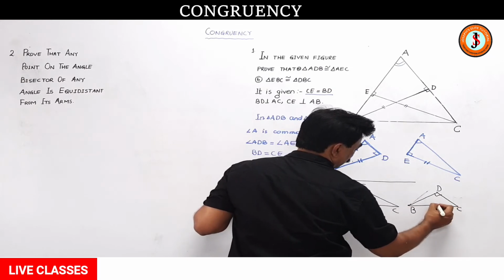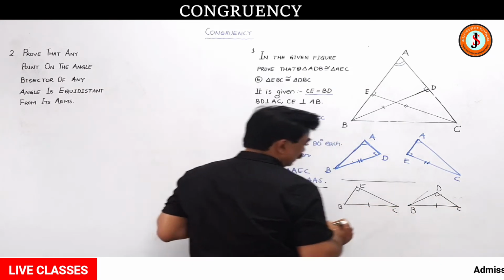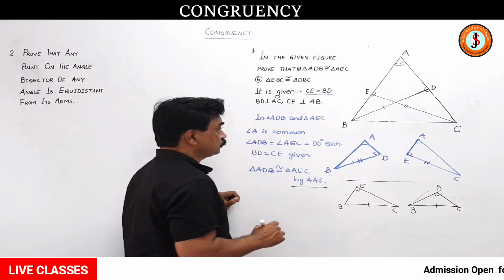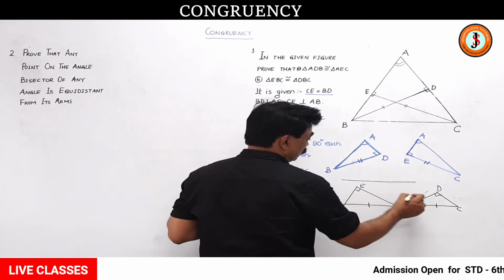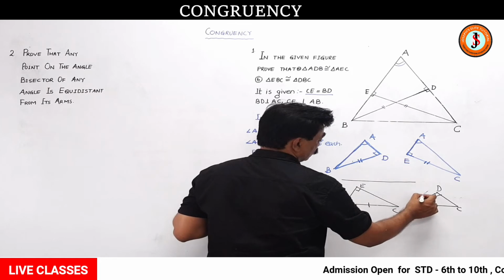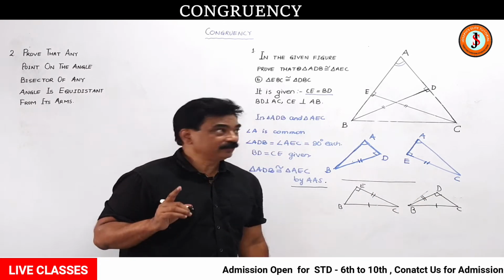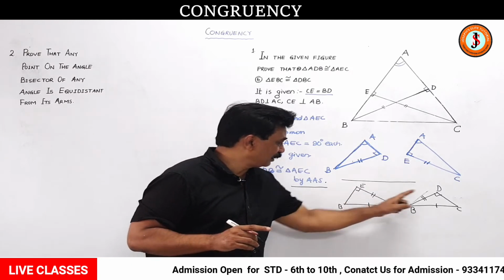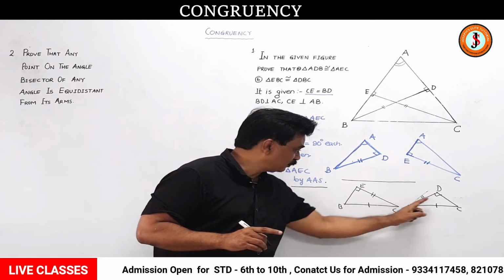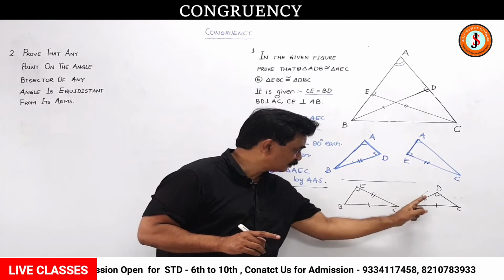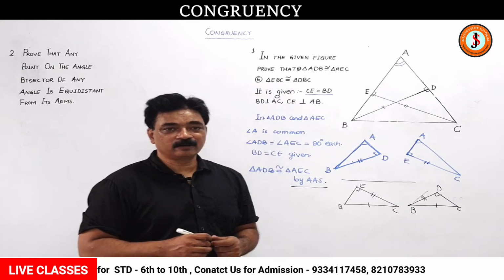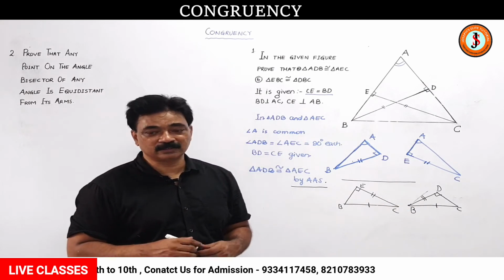Now, you see these two sides are equal, and also it is given BD is equal to CE. So, now what criteria is there? This will be right angle, hypotenuse equal, and one of the sides of each are equal. That means by RHS both the triangles are congruent.